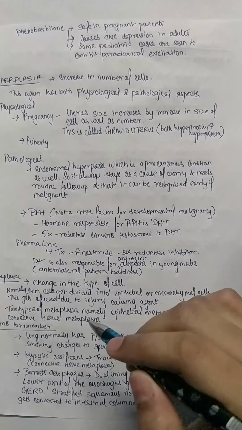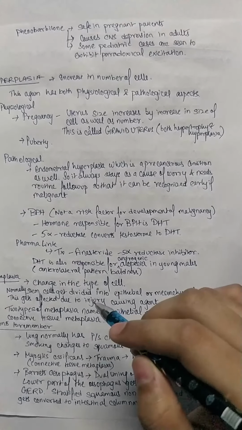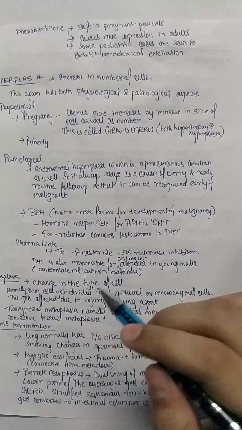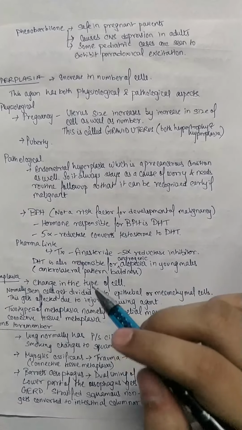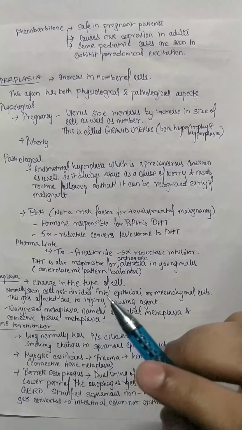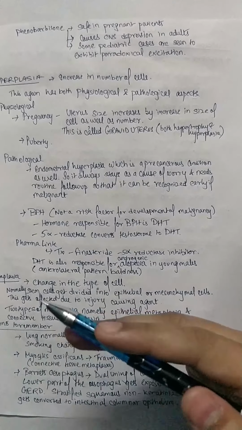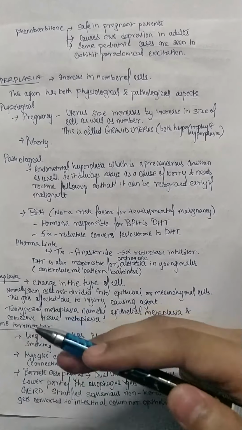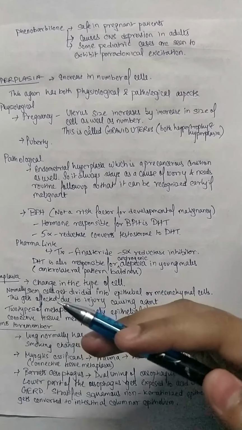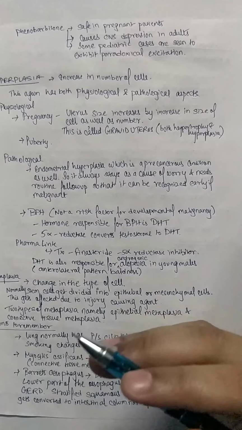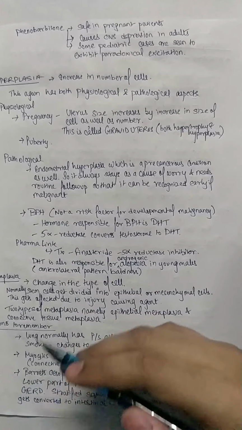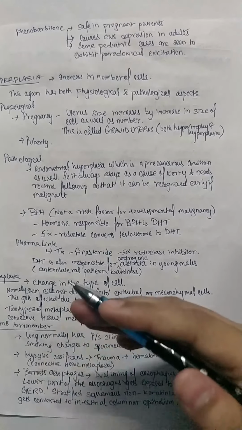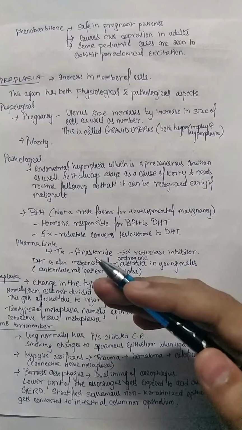In Barrett's esophagus we know that the lower part of the esophagus gets exposed to acid due to gastroesophageal reflux disease. So the upper part has stratified squamous non-keratinized epithelium. The lower part which gets exposed to the acid gets converted into intestinal columnar epithelium.